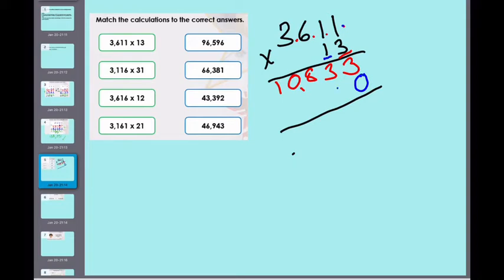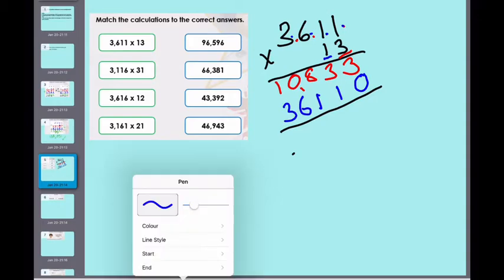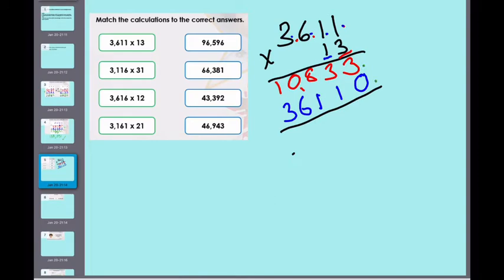1 times 1 is 1, 1 times 1 is 1, 1 times 6 is 6, 1 times 3 is 3. Add those together. 3 add 0 is 3, 3 add 1 is 4, 8 add 1 is 9, 0 add 6 is 6, and 1 add 3 is 4, so I've got 46,943, which is here.